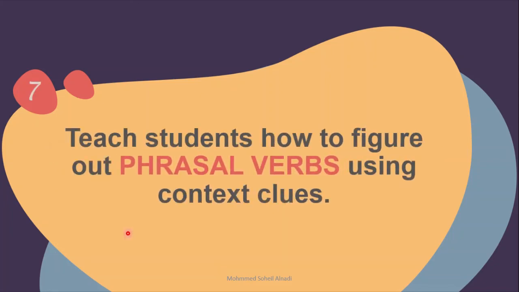There are over 2,000 phrasal verbs in English, so it's not possible for the students, or for any learner, to memorize each one. Rather than having students memorize lists of words, teach them how to identify phrasal verbs from sentence context clues.